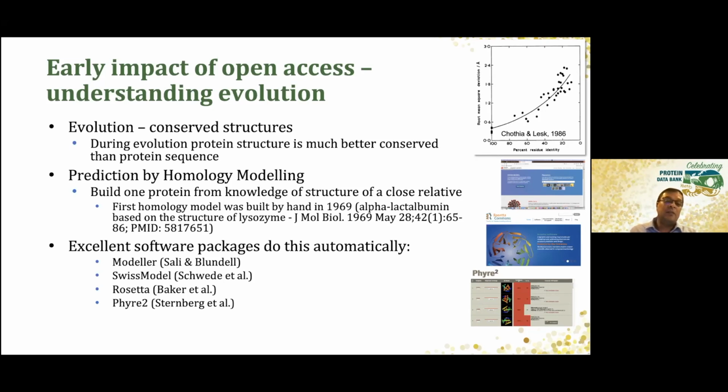And there was a lot of software developed to also do homology modeling. So this is just one example to show that even before PDB started, the first homology model was built by hand in 1969. But then there were many data resources, as I show here, developed for getting structures based on homology modeling methods.